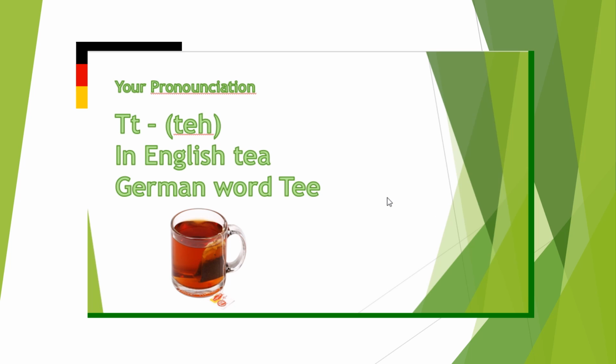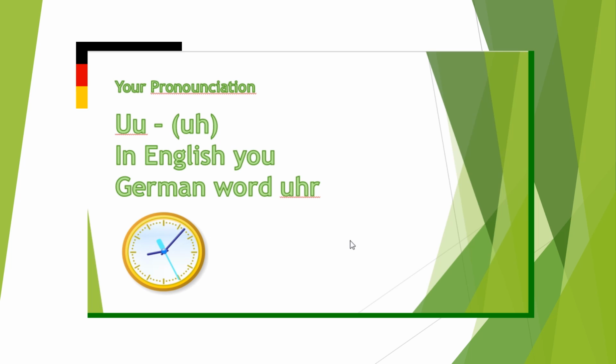T is called te, like in English, T. So it's in German also T. U is pronounced U, like the U in the English word you. So the German word Uhr.